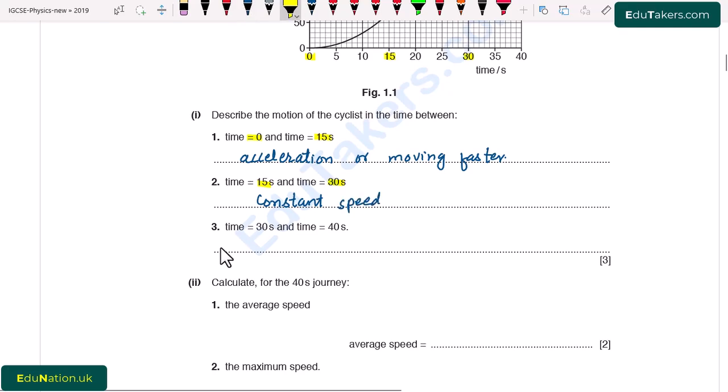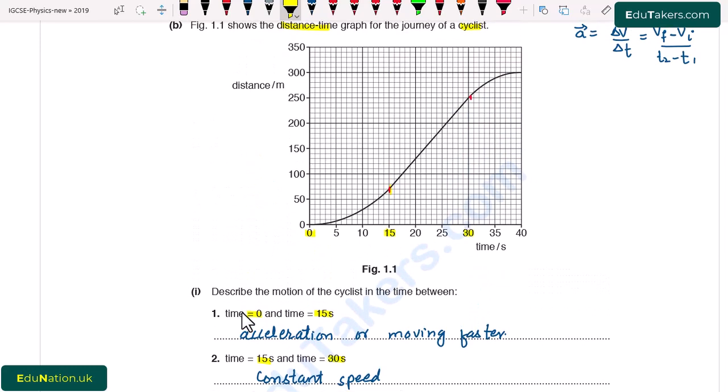Part 3. Time t equal to 30 seconds and time equal to 40 seconds. So going back to the graph, from 30 seconds to 40 seconds, we can see that it's a curve. And this curve shows that the speed of the cyclist is decreasing with the increase in time, or we can simply say that the cyclist is slowing down.